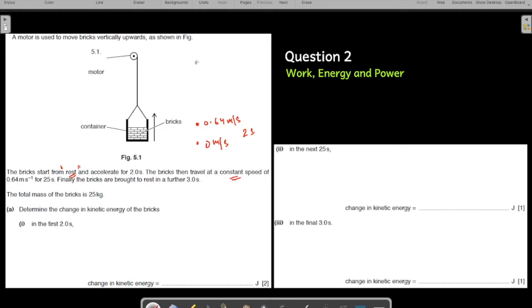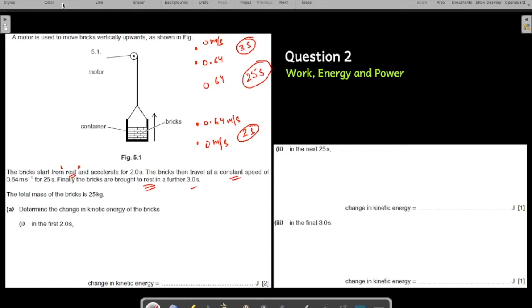For 25 seconds your speed was 0.64 throughout. 2 seconds of acceleration, 25 seconds of constant speed, and then you decelerated and were again brought to rest. Brought to rest means you are again at 0 meters per second in how much time? 3 seconds.